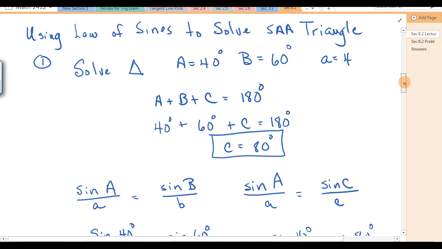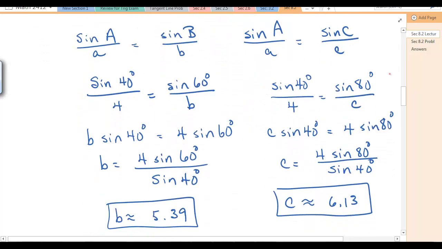All right, so I did it in 2 parts here. I'll just draw a little line. I used the proportions that we're able to use. Sine A over a is equal to sine B over b. So I know angle A, angle B, and I know side a. So sine of 40 over 4 is equal to sine of 60 over b.